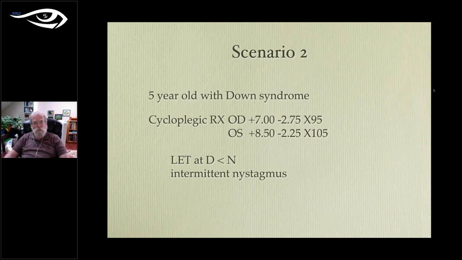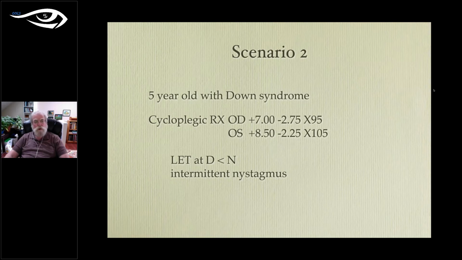All of these things need to be taken into account. So when you see a patient with Down syndrome, you need to be thinking more broadly than just the issues that are in front of you in terms of refractive error. It's more complicated than that.